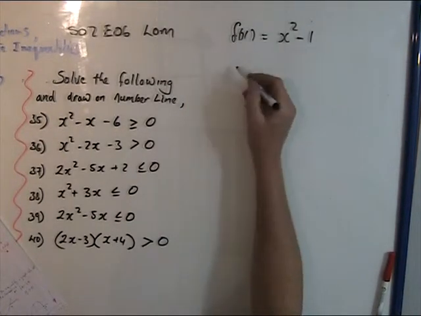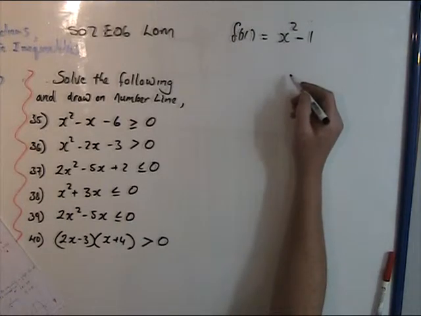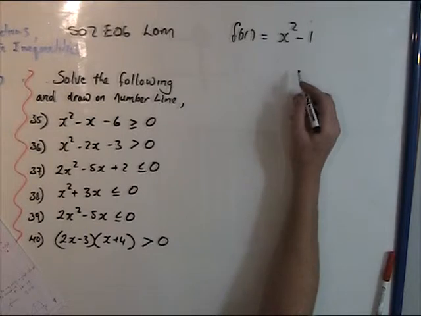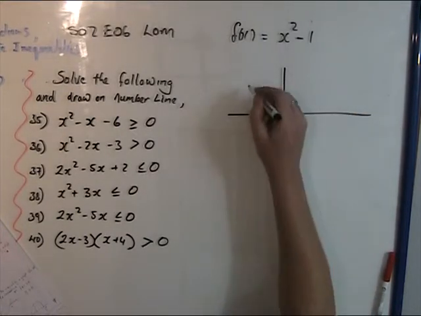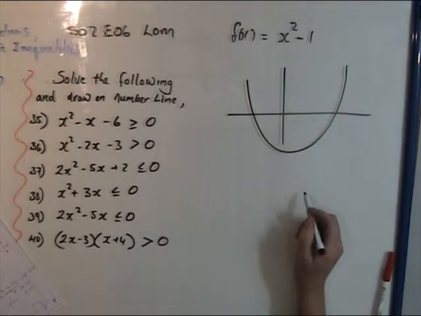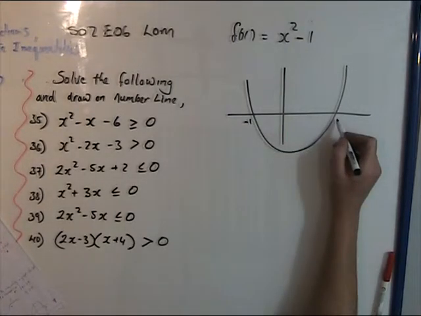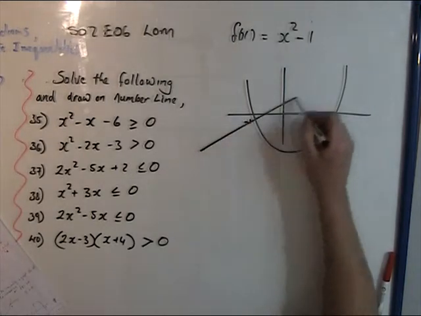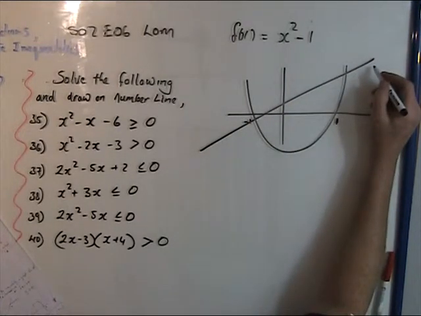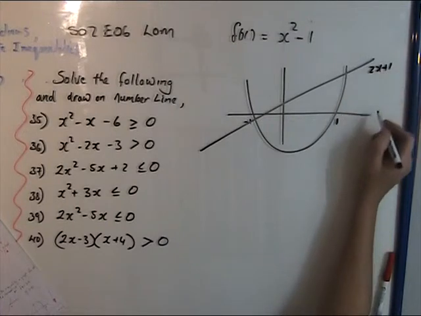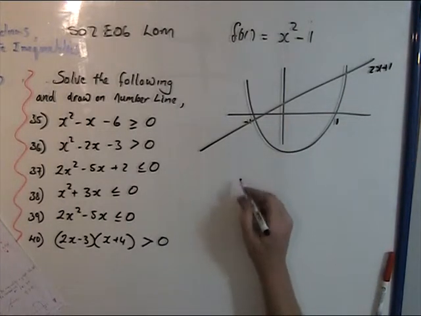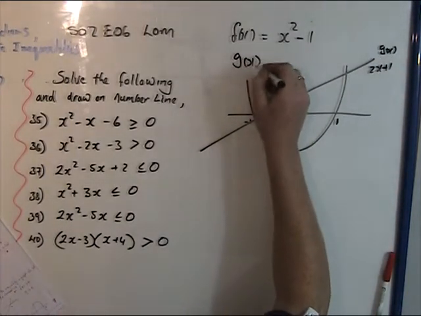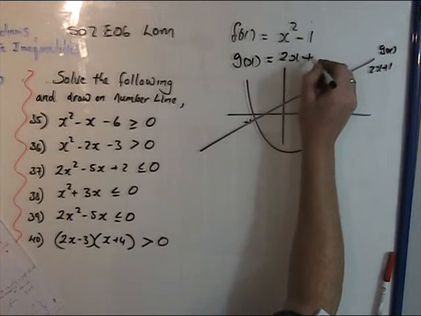If I have a quadratic or a cubic equation, I would do a range of them, and I will show you that in the next episode. This is minus 1 and that's plus 1. Now say I had a line going across there and I call that g of x, which is equal to 2x plus 1.